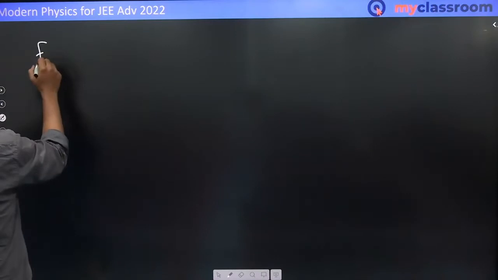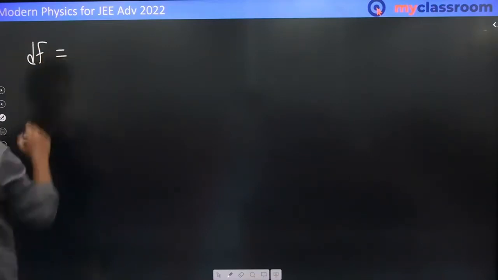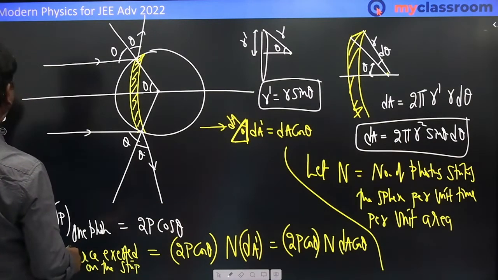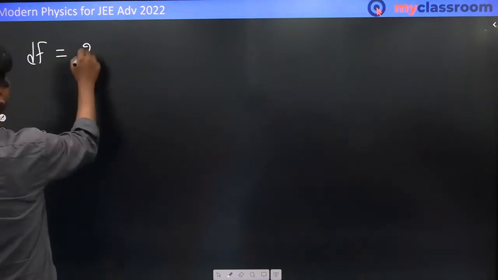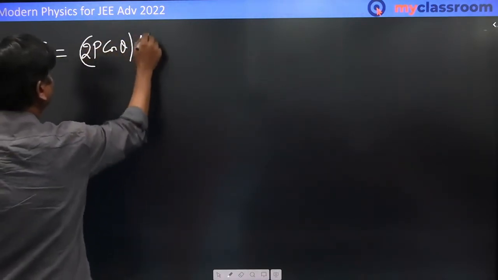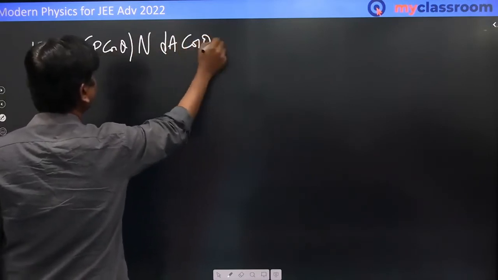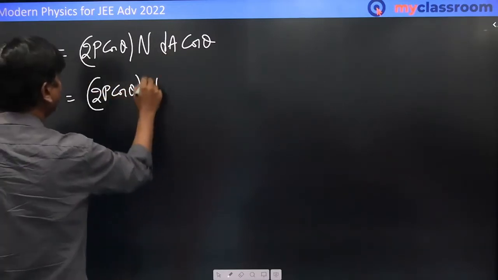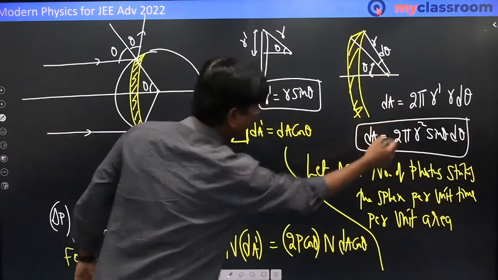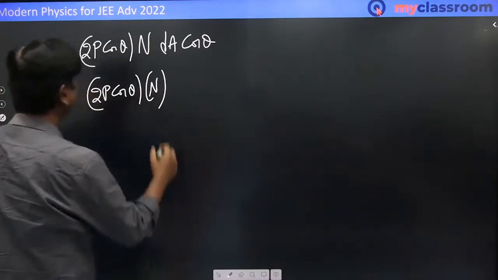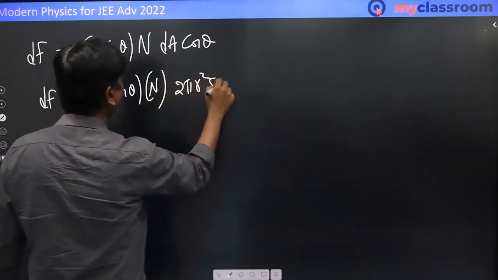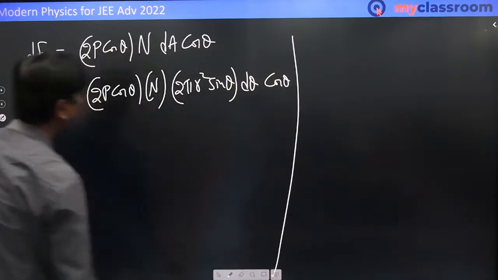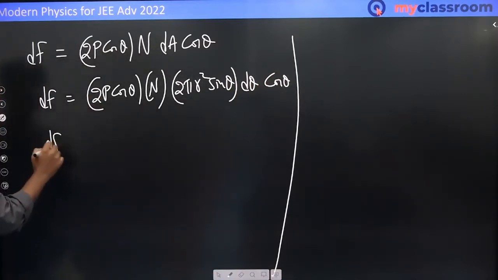That is the force acting on that strip only, so we write dF. What was that? 2p cos theta into n into dA dash, which is dA cos theta, and substitute for dA also. 2p cos theta into n. So dA is equal to 2 pi r square sin theta d theta, and cos theta. Okay, so that is the dF.